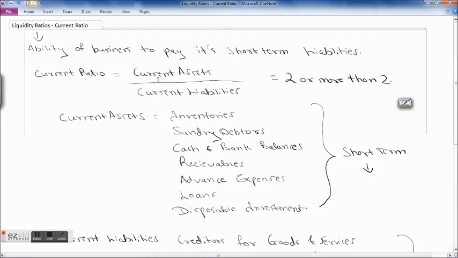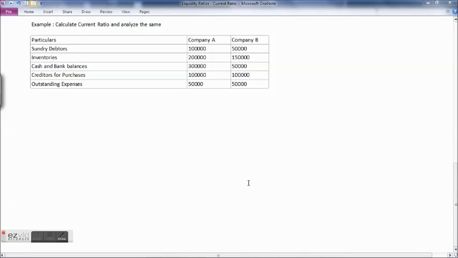Now let's take one example and analyze how the current ratio will give us the liquidity position of a business. So here is an example.